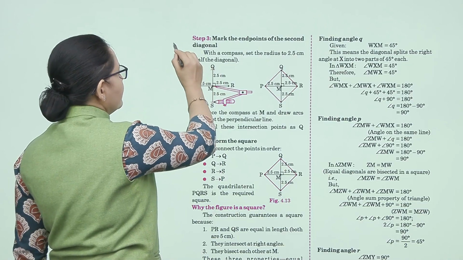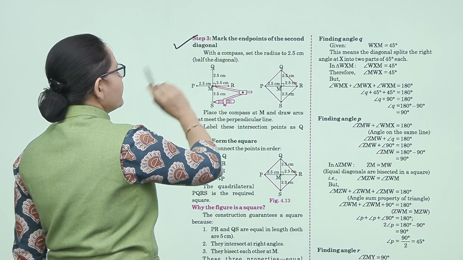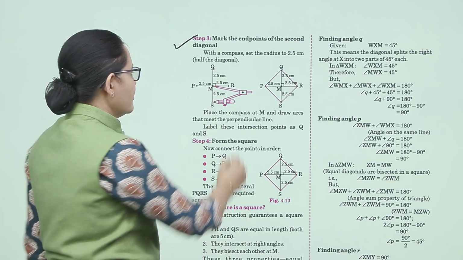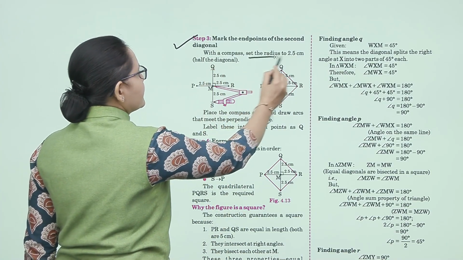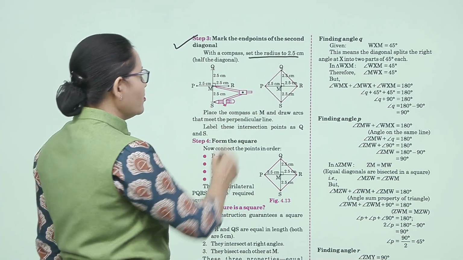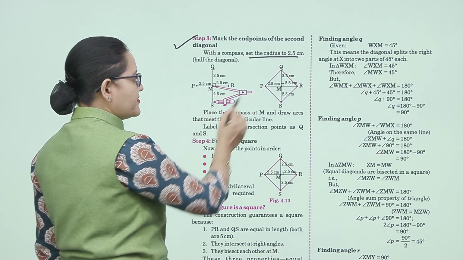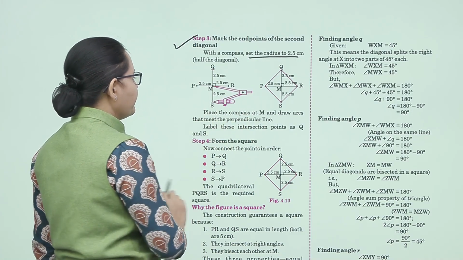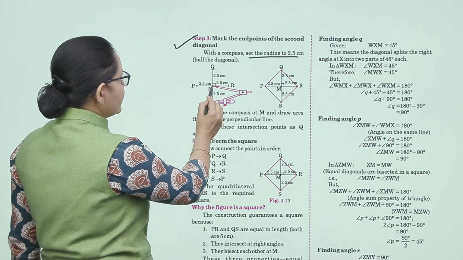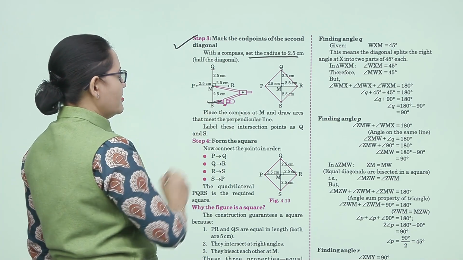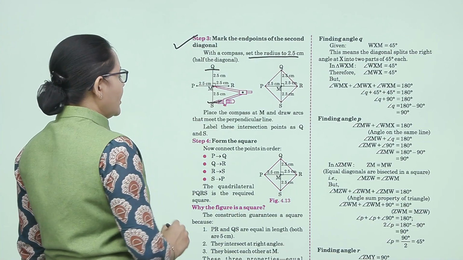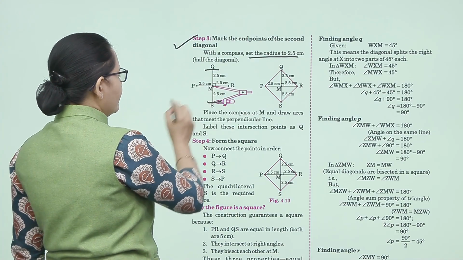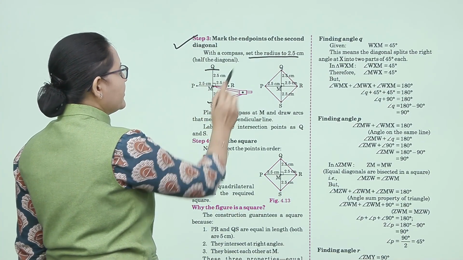And this is step 3. Mark the endpoints of the second diagonal. With the compass set to a radius of 2.5 centimeters, we'll make a mark and then again the other mark, half of the diagonal.